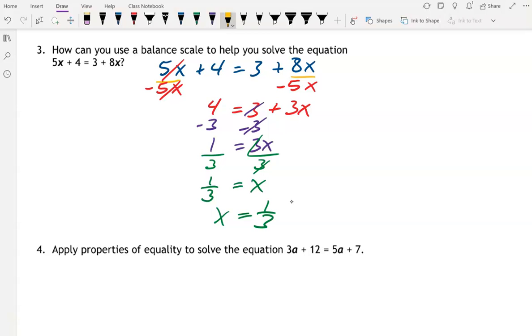I subtracted 5x from both sides to eliminate the variable on one side, and then I subtracted the constant 3 from both sides, so I moved all the constants to one side. Piece of cake, no problem. And we ended up with x equals 1/3. You can take that 1/3 and put it back into the original equation if you like, and see if you get the correct answer.